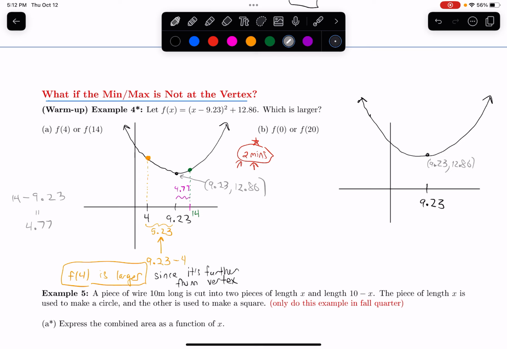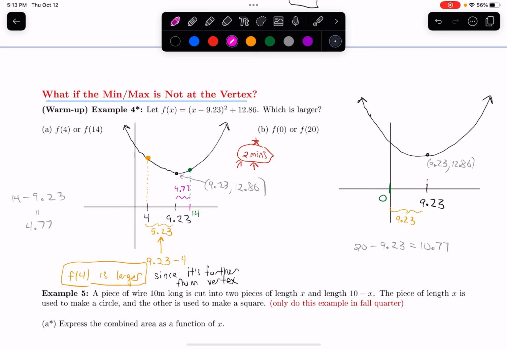And we're plugging in 0. So 0's here. That distance, if I subtract these two values, is just 9.23. That one's not too bad. But for 20, I do the bigger number minus the smaller, so 20 minus 9.23 is 10.77. That's definitely a bigger distance.